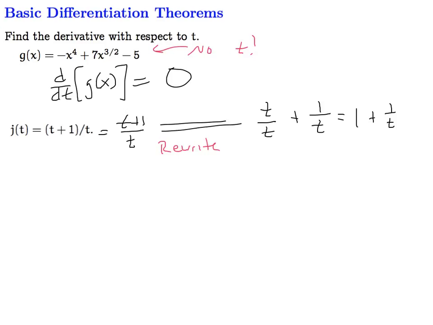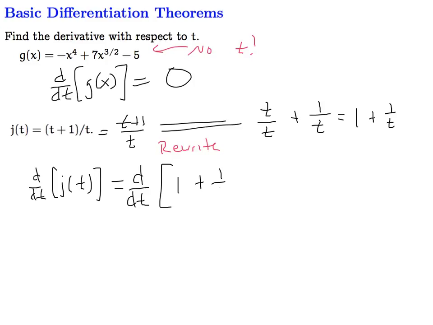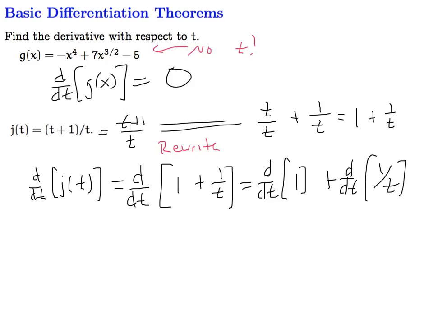Now we have the sum of two functions, so now we can take the derivative. Taking the derivative of this function j of t will be the same thing as taking the derivative of 1 plus 1 over t, which breaks up nicely into two different derivatives using our sum theorem. This first one, well, what's the derivative of a constant? It will just give us 0.